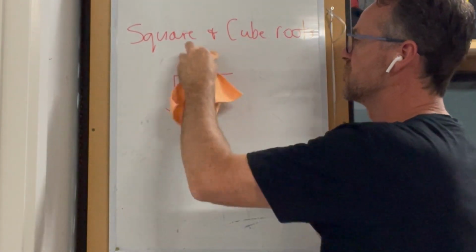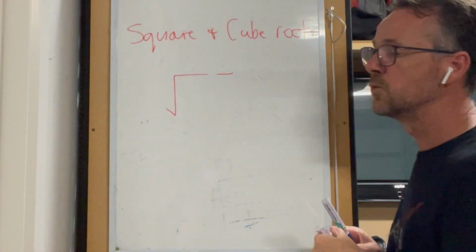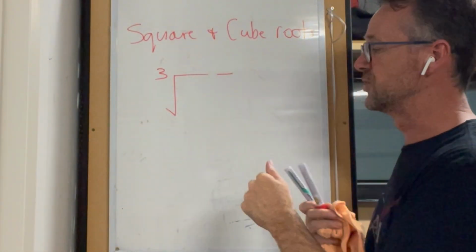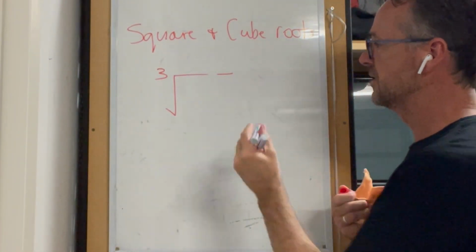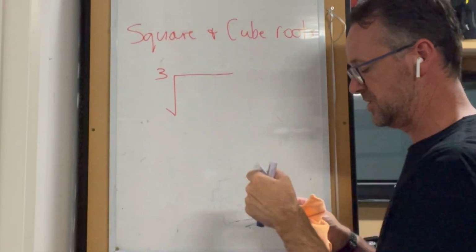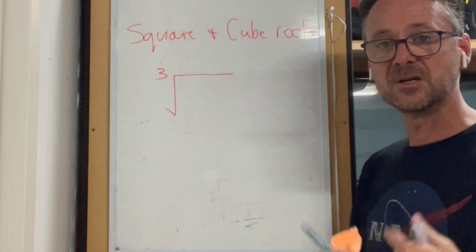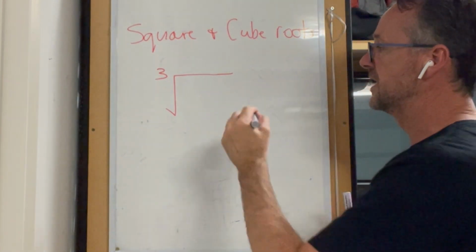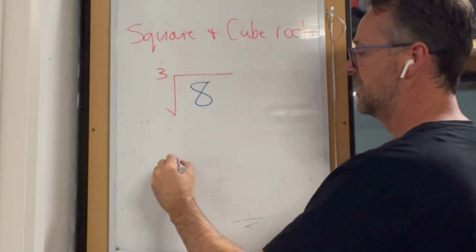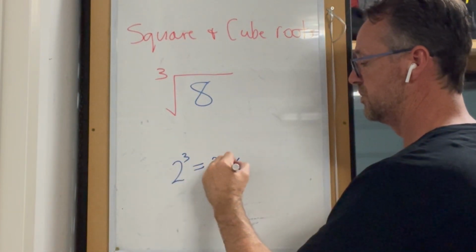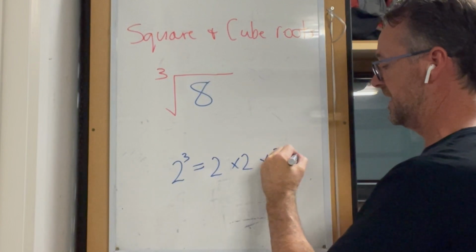Now, as well as square root, we can also have cube root. Okay. So cube root, as perhaps the name suggests, is where a number is multiplied by itself 3 times. So for example, if we put an 8 in here, we know that 2 cubed is 2 by 2 by 2, and that equals 8.